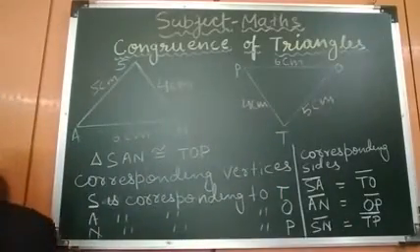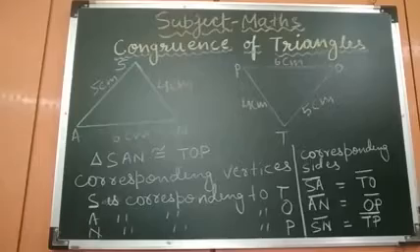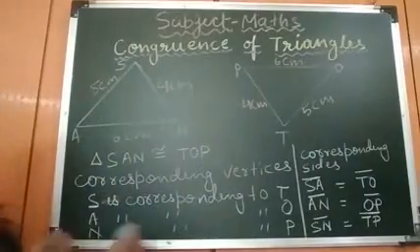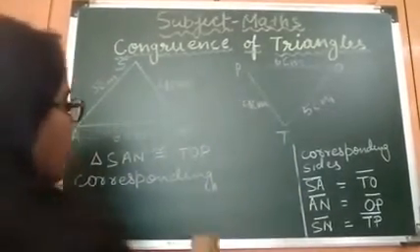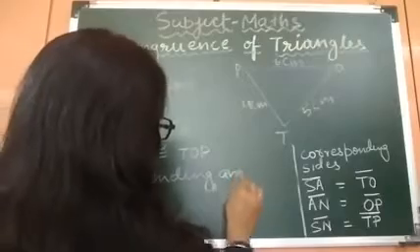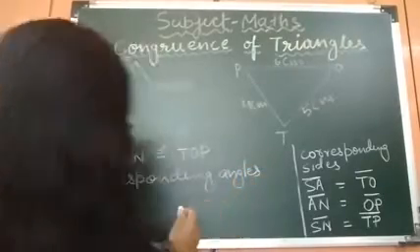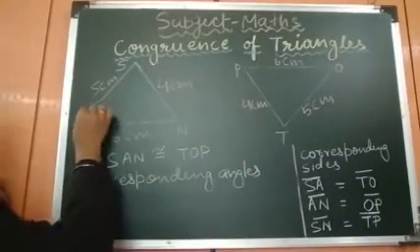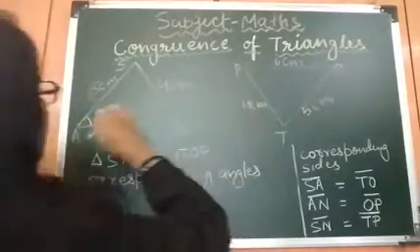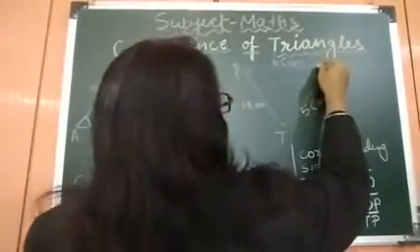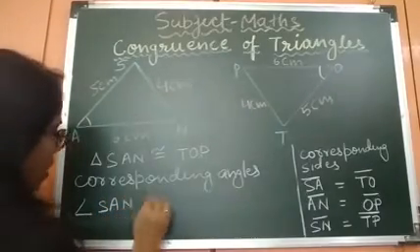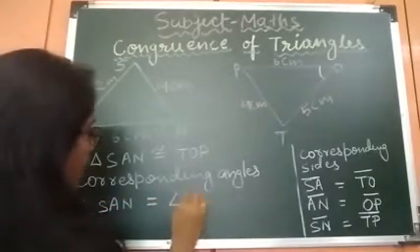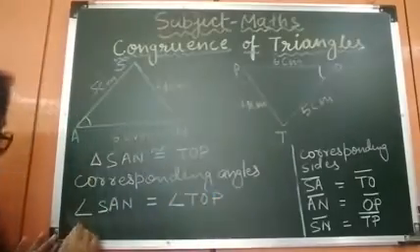Now the third part is corresponding angles. What are corresponding angles? Angle SAN is equal to angle TOP.